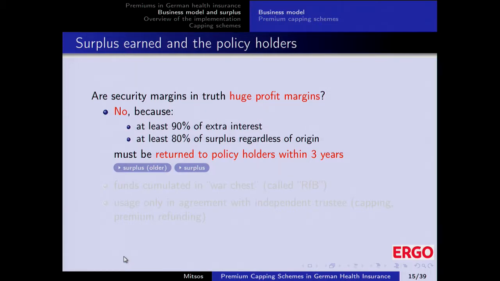The only thing is that the money we get back, the money we earn, goes into a fund that is not so tightly regulated as the calculation itself. We call this war chest, German RFB. It means erfolgsabhängige oder erfolgsunabhängige Beitragsrückerstattung.